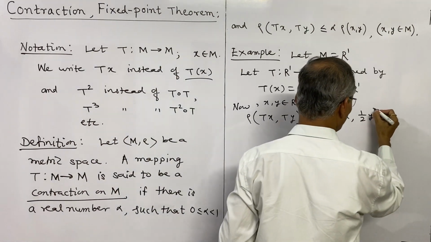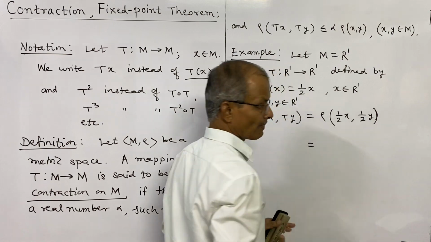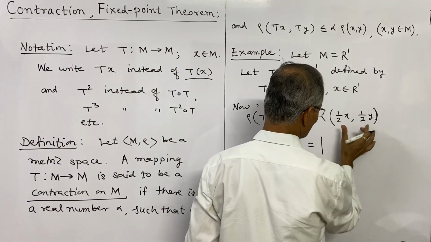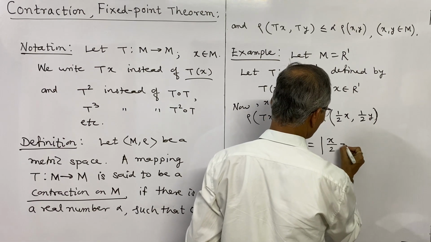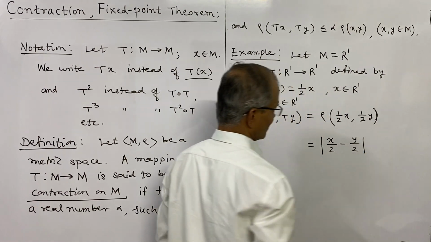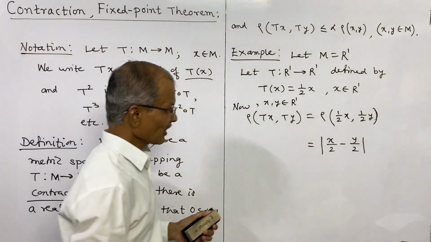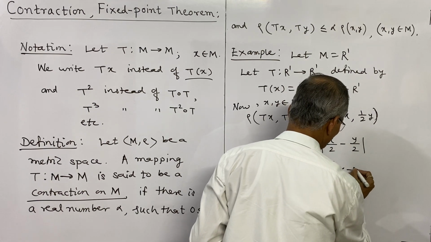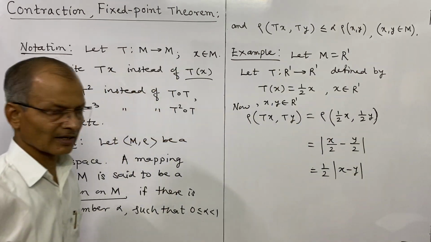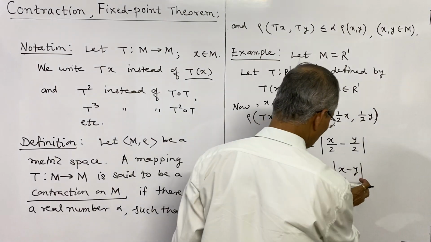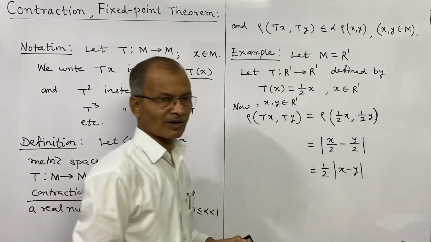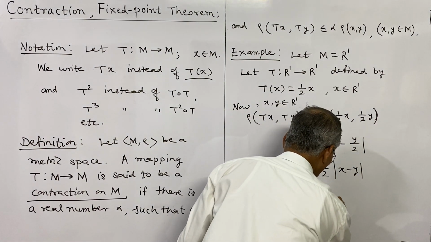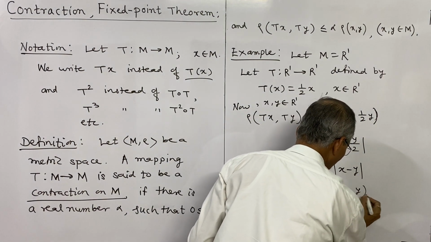And further, what is the rho? Rho for R1 is the absolute value metric, and that we know is the absolute difference of these two, and that is the absolute value of x by 2 minus y by 2. And by property of absolute value function, this half can be written outside, into absolute value of x minus y, and absolute value of x minus y is rho of x and y, so that is half of rho of x and y.